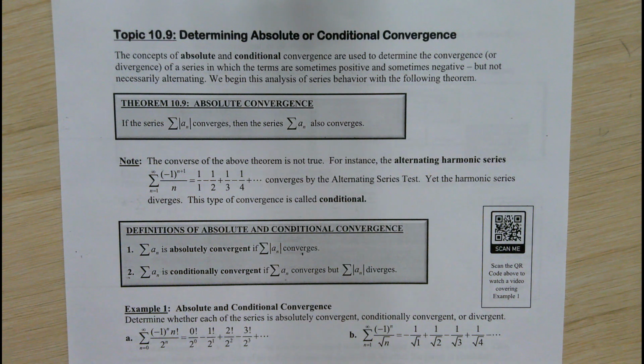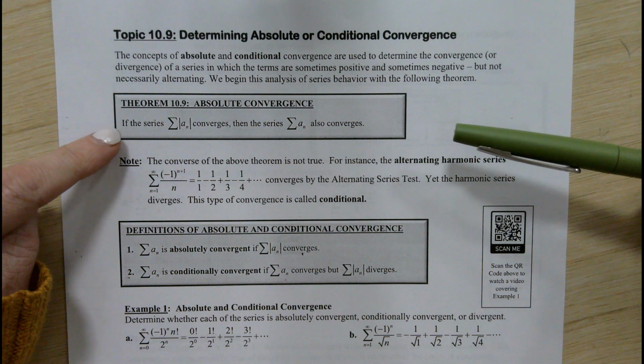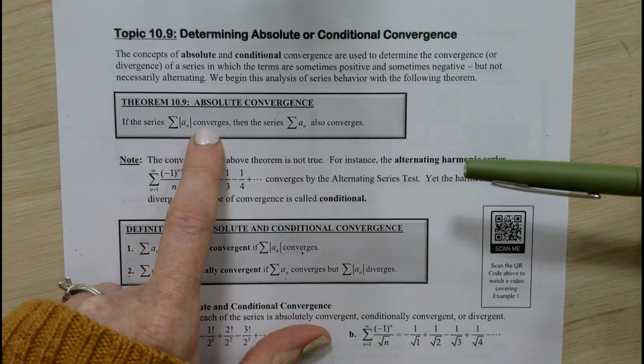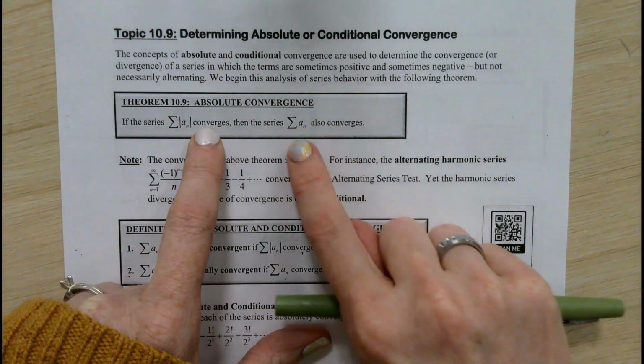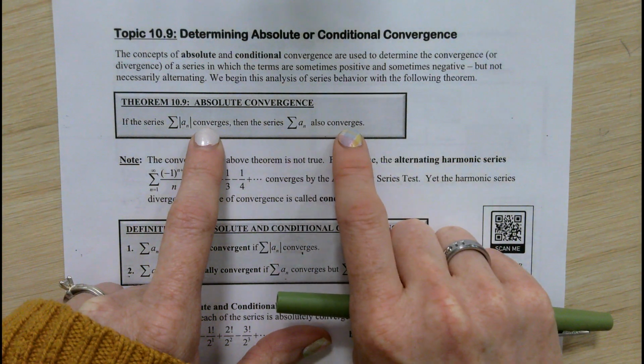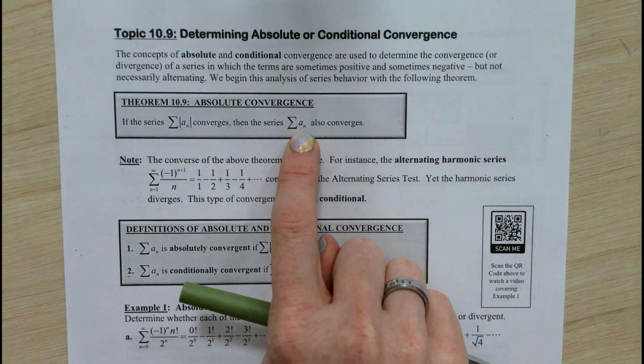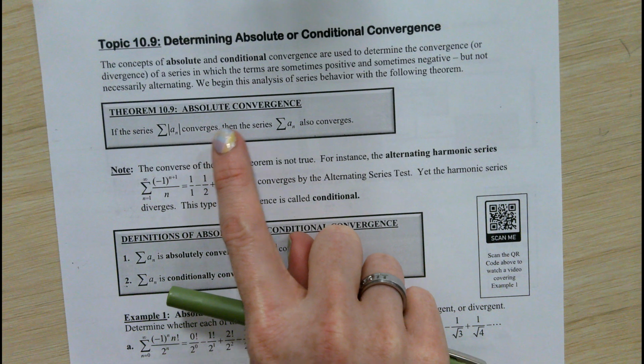So you'll see the first theorem here is something we've already talked about. If the series, the absolute value of a sub n, converges, then it means that your a sub n series converges as well. So basically, if you take the absolute value of all of your terms and you get a convergent series, then that means that your original series, even if it had some negative terms, will converge as well. The converse of this is not true.